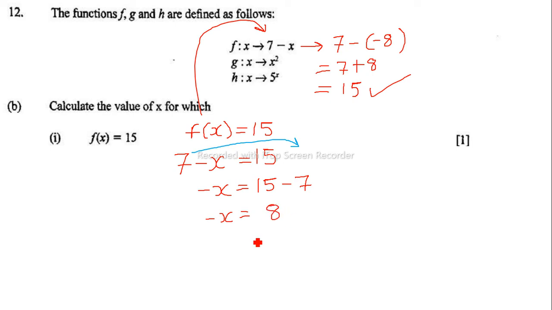And so at this point, what do we do? I make the x into a positive. Divide both sides by negative 1.